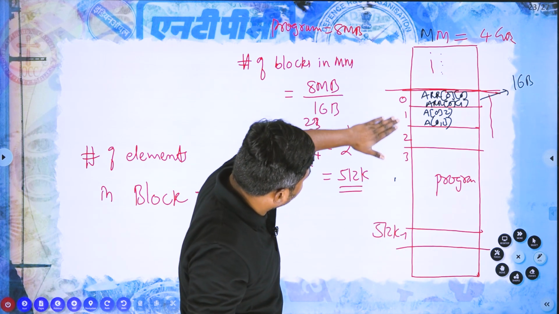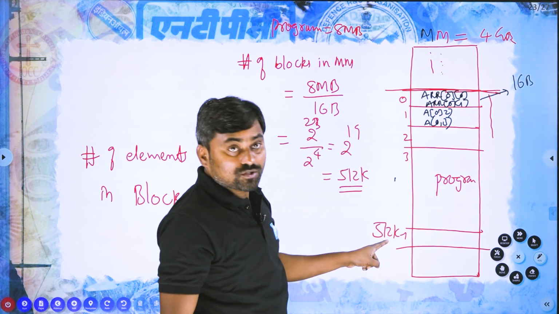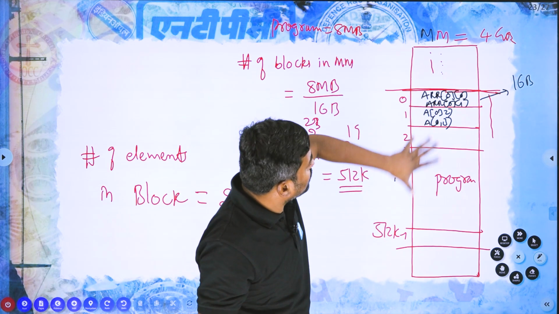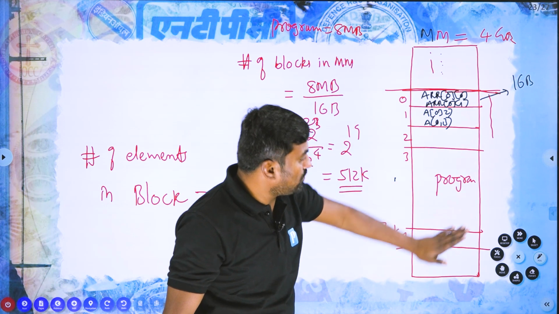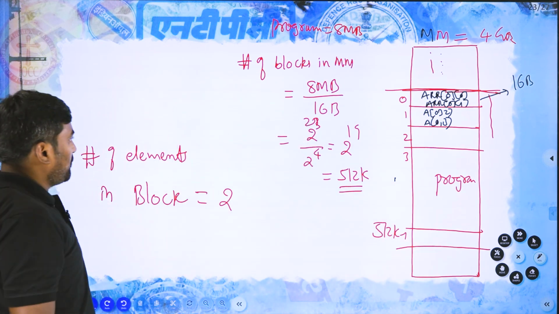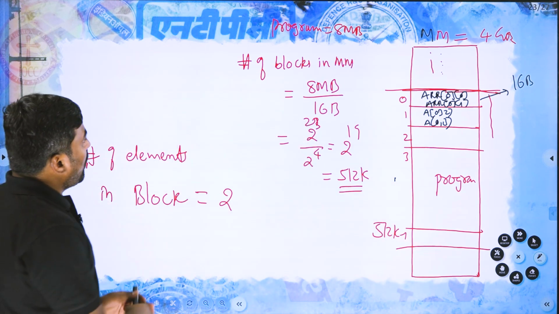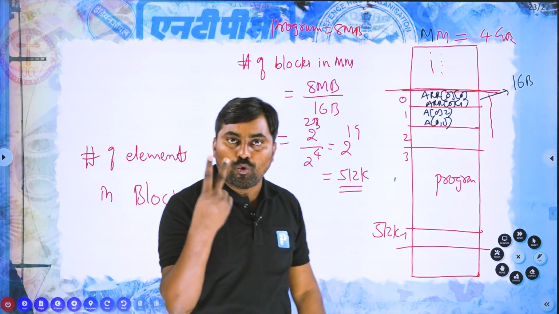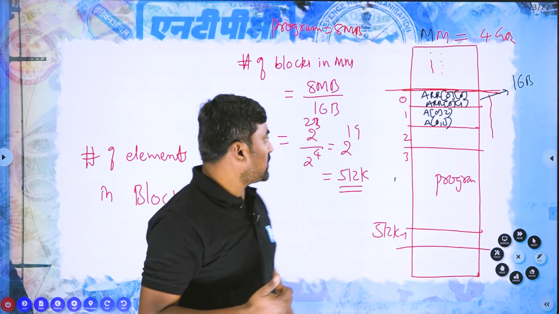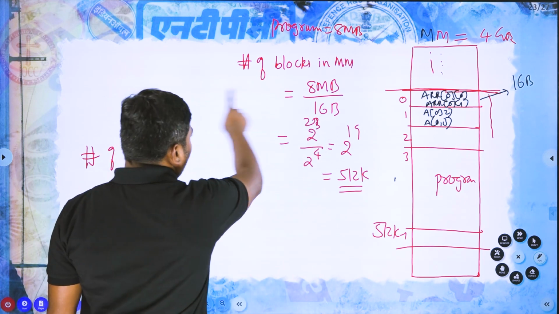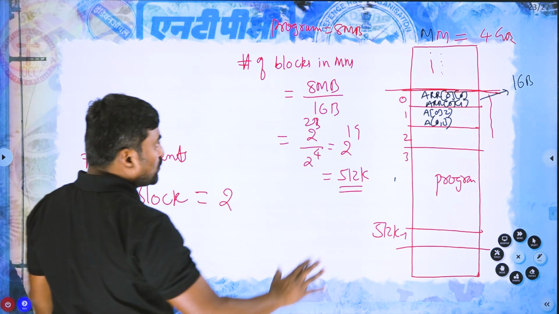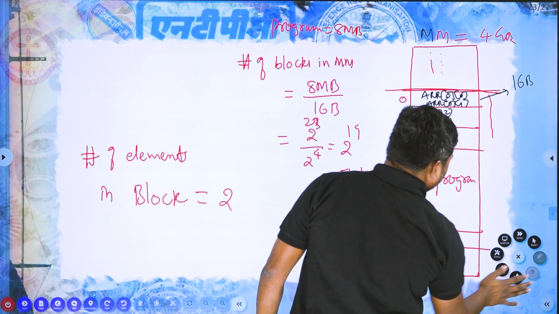We have a sufficient number of blocks, 512K blocks, for storing this program, and I stored it this way. Initially, cache is empty. One block can hold two elements. So please copy this one so that I will remove it, and I will take the cache here so that we can understand.